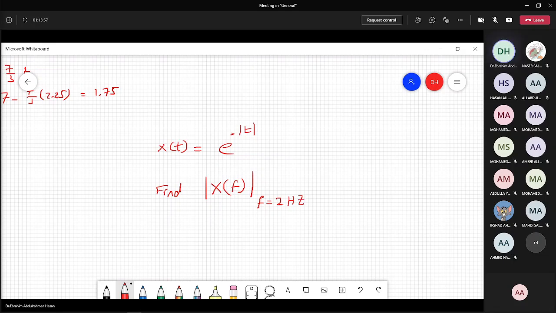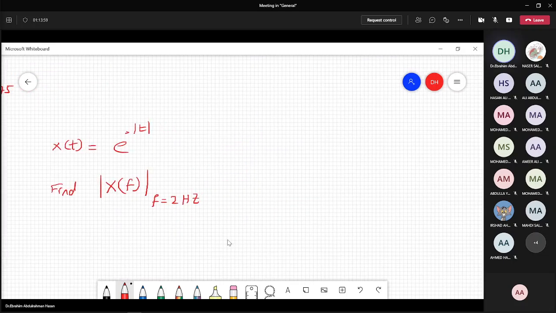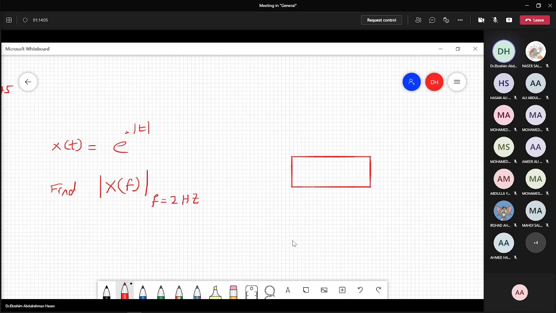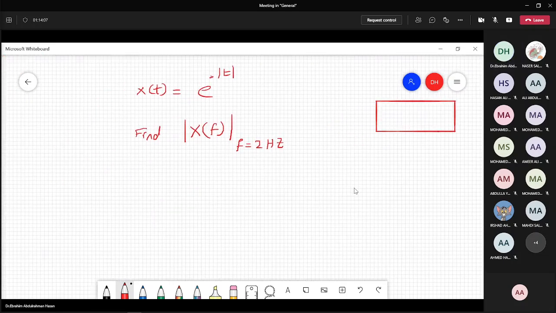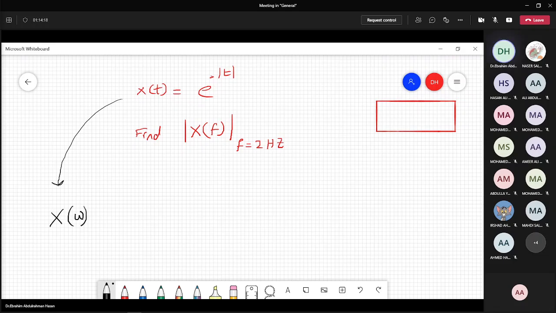So how to find it? In the end I want a number to put here, a numerical number, not an equation. Here is what you need to do. Find x of f or x of omega, whatever, from the table.